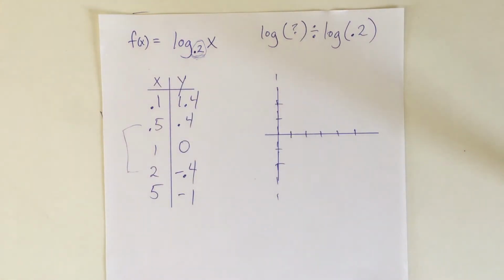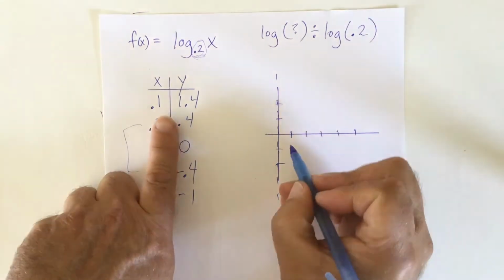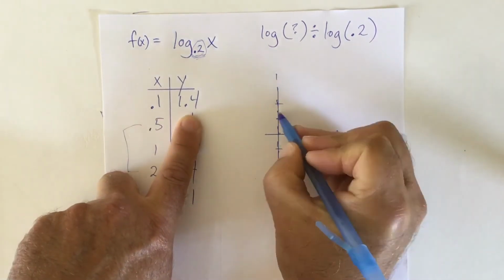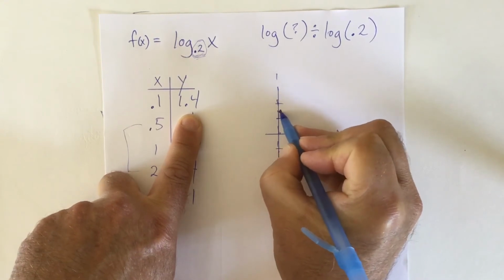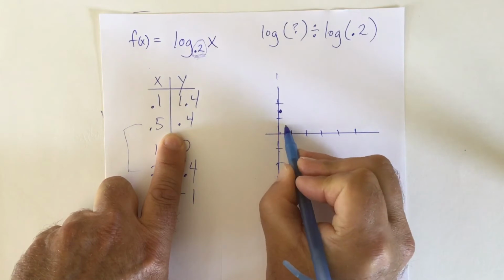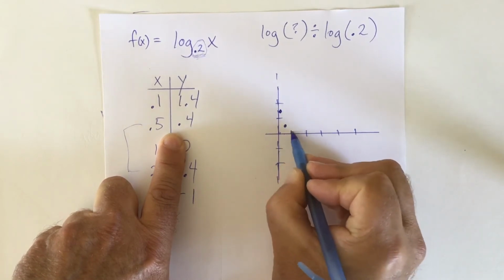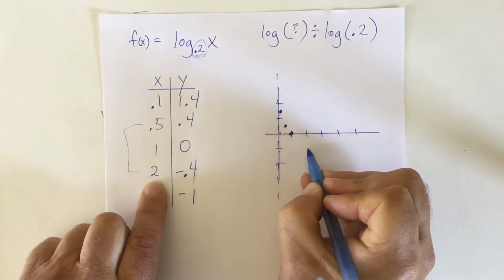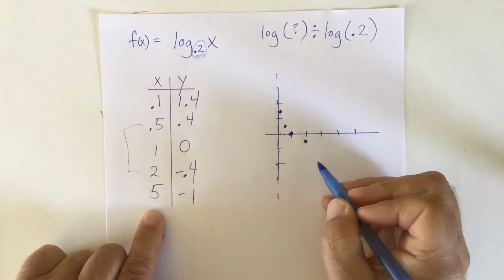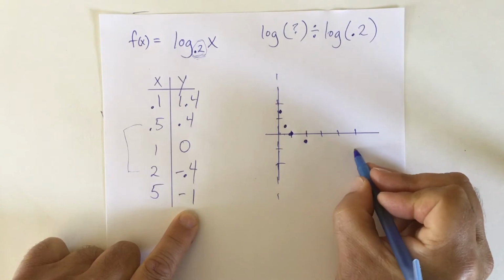We have enough information to draw a graph. When I plugged in 0.1, I got out 1.4, so I was up here. When I plugged in 0.5, half of the way, I got out 0.4. 1 gave me 0. When I plugged in 2, I got out negative 0.4. And then when I plugged in 5, I got out negative 1.